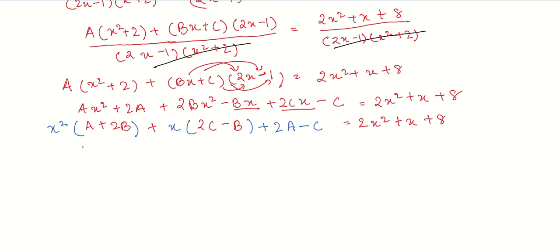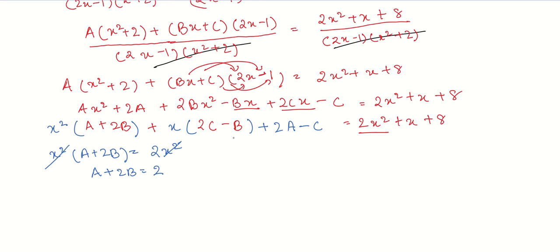All right. So now we're going to compare the coefficients. For x squared first, the coefficient on the right hand side is 2, and on the left hand side it's A plus 2B. So we can get rid of the x squared on both sides and we'll be left with A plus 2B equals 2.